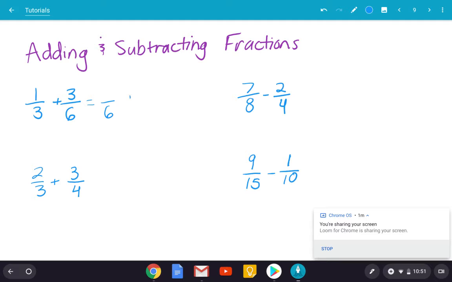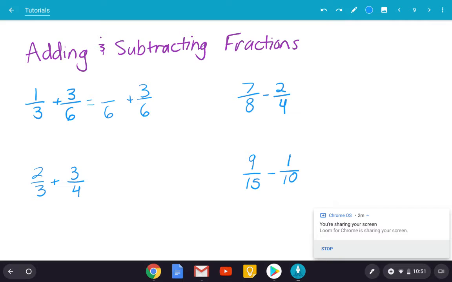So I want to turn both of these fractions into something out of 6. Well, this fraction is already something out of 6, so I don't need to do anything else with it. I just leave it the same. 1/3, though, I need to split into 6. So if I draw 1/3 and split the thirds into sixths, I now have 2/6. You don't necessarily have to draw the model every time.